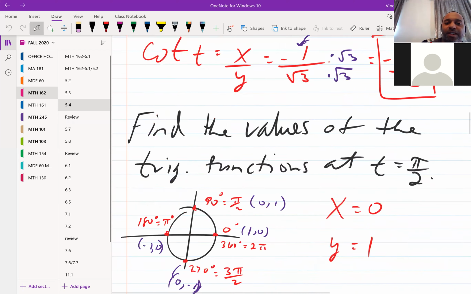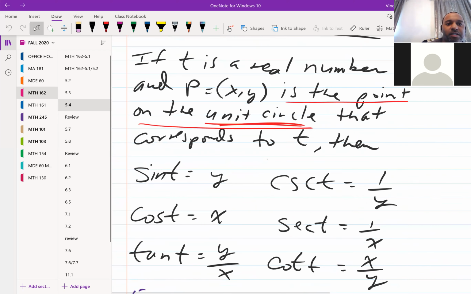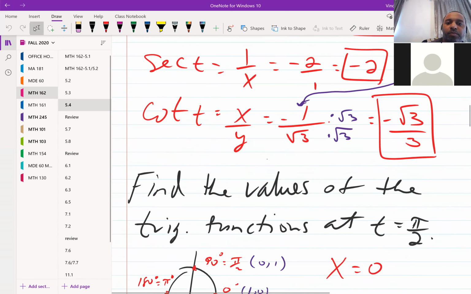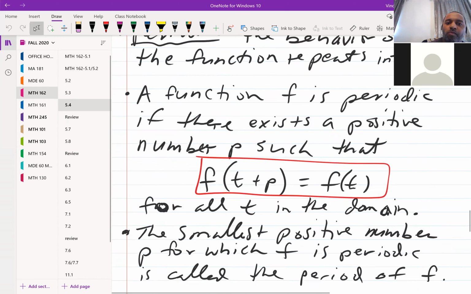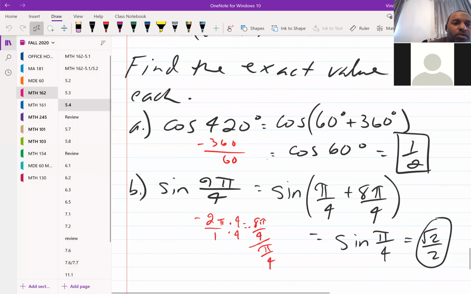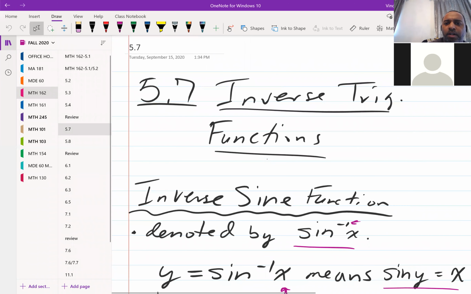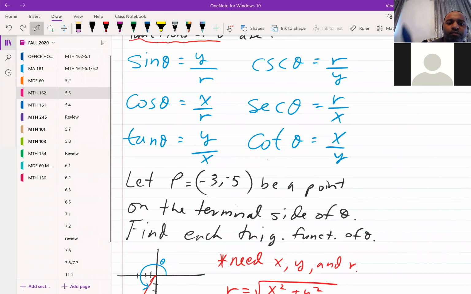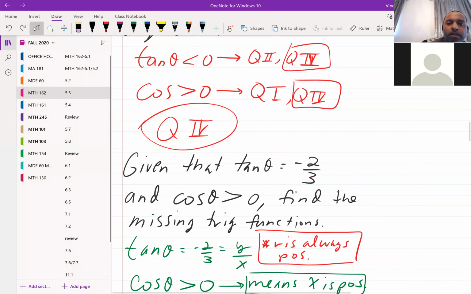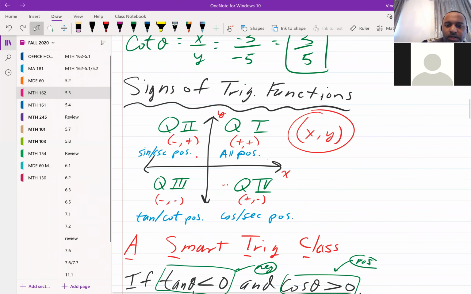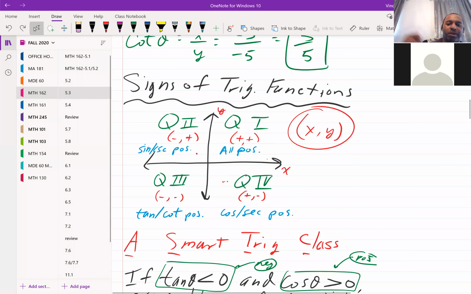Let me see if I got it right. Okay, so maybe it's no, it can't be. How about this? Oh, a smart trig class. Oh, all students take calculus could be the same thing as well.